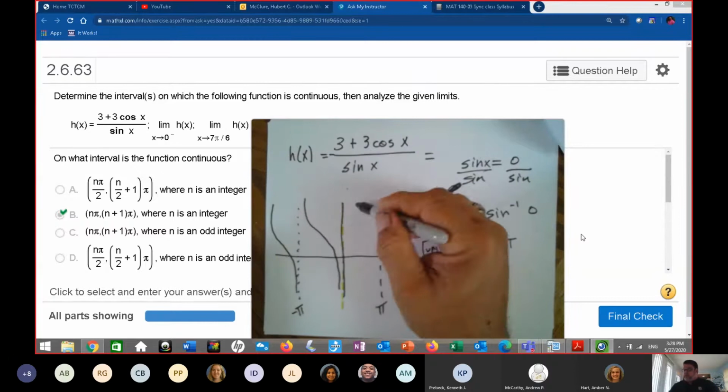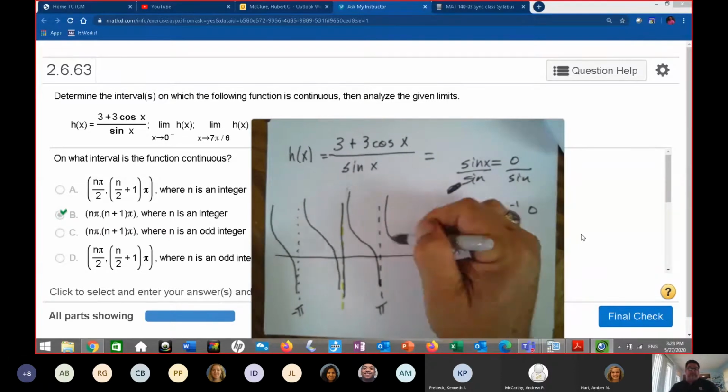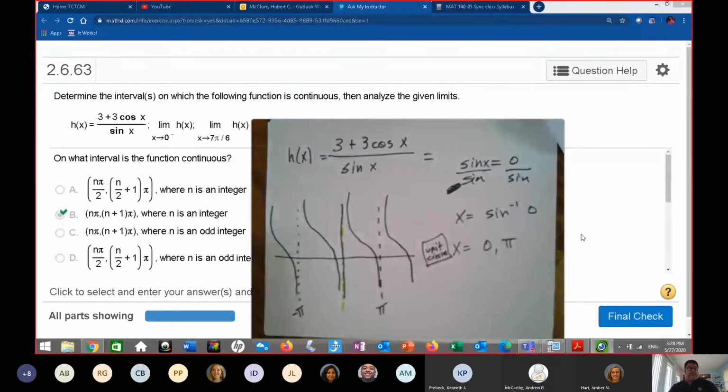And I think they ask you, and I'm not too concerned with this, all they're telling you right here is the convergence. That's basically on what intervals is the function continuous. Well, from here to here, so that's from 0 to pi, not touching either one, and then from pi to 2 pi, and so on. Okay, so that's what that's saying right there.